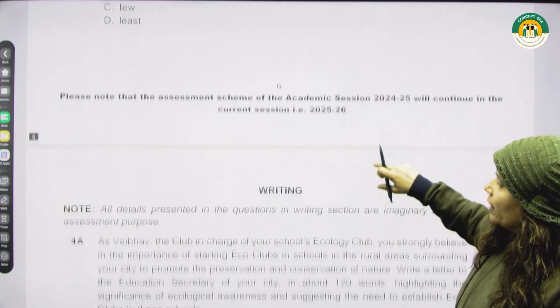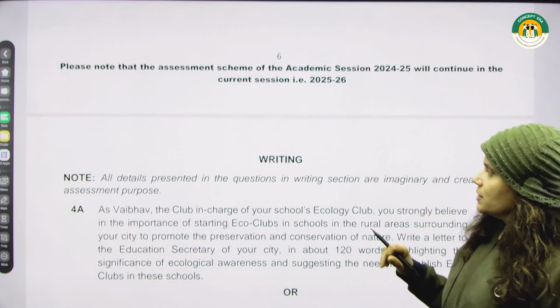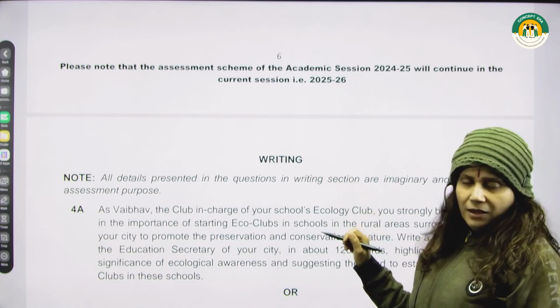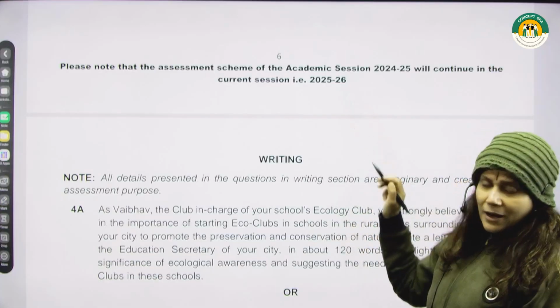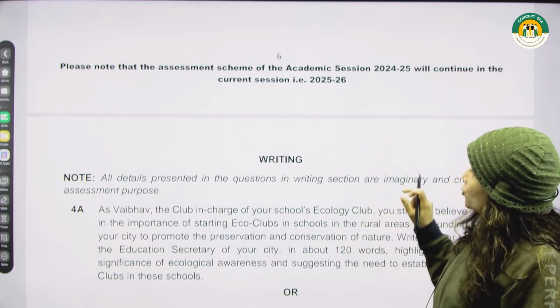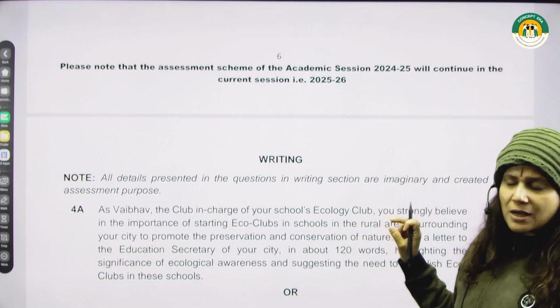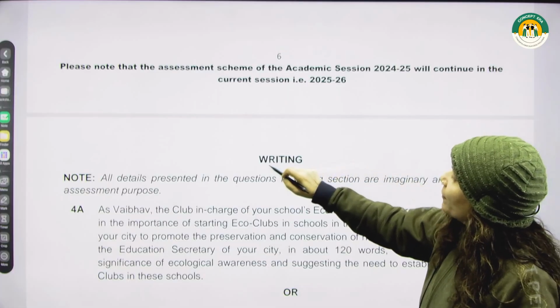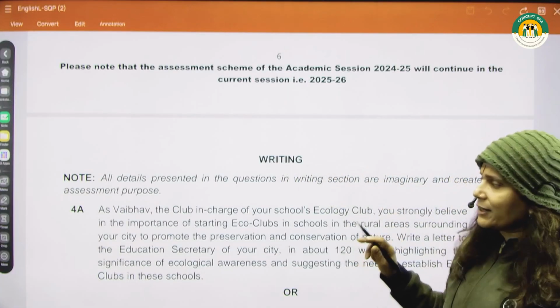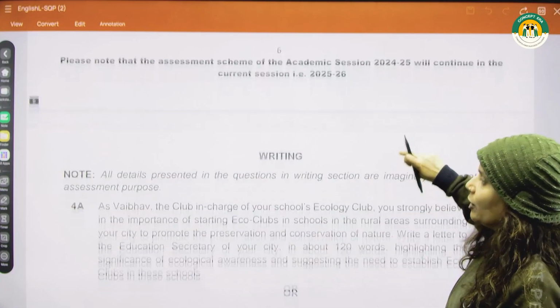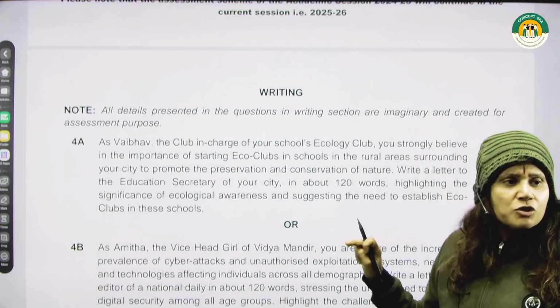Okay, moving ahead, even in this section B, grammar, I have already shared with you that the number of questions is 12, while when we come to the writing section, creative writing section, here again you will be getting internal choice.